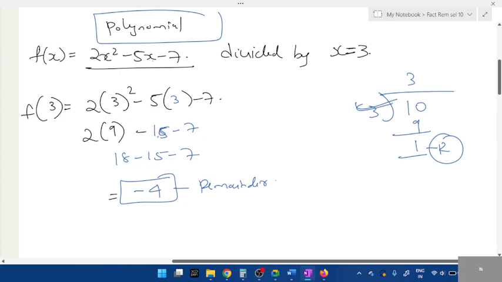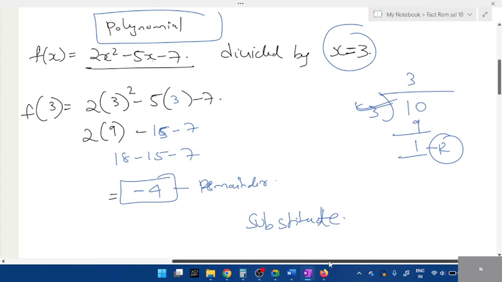This is one way, and this method is known as the substitution method. I'll teach you the division method after this. In the exam, if they ask you to find the remainder, just take the x value and substitute in the equation. Make a note of this.